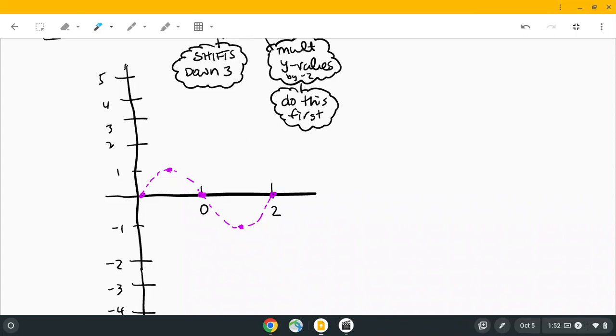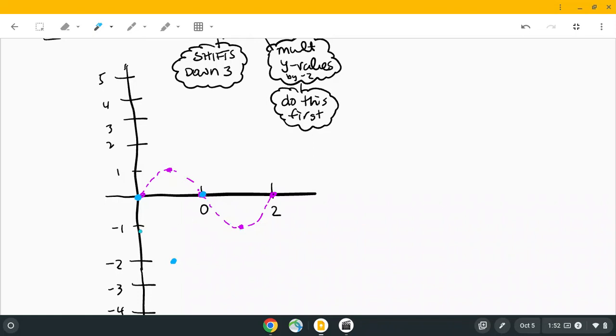Multiply the y values by -2. Y value here is 0. 0 times -2 is 0. Y value here is 1. 1 times -2 is -2. So a point down there. Y value is 0. 0 times -2 is 0.